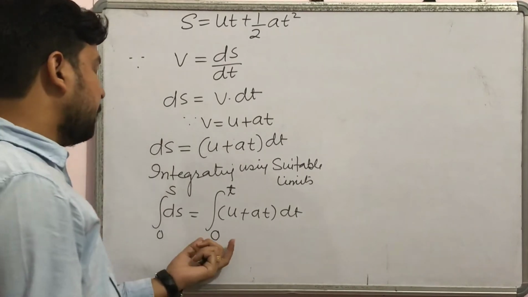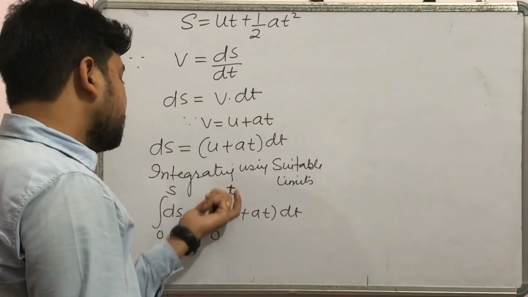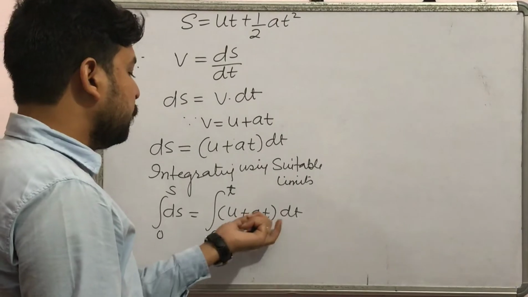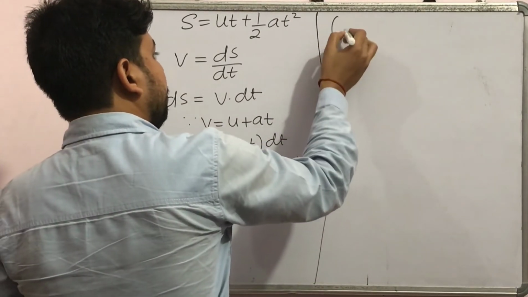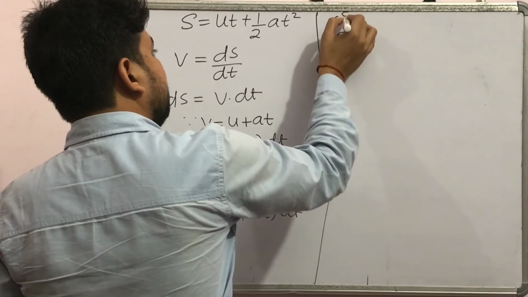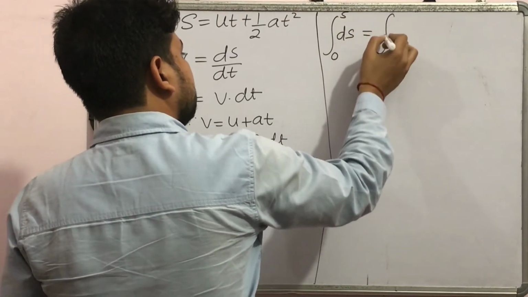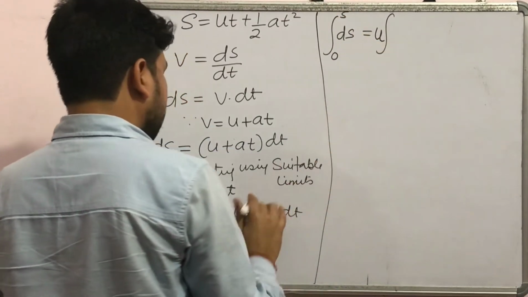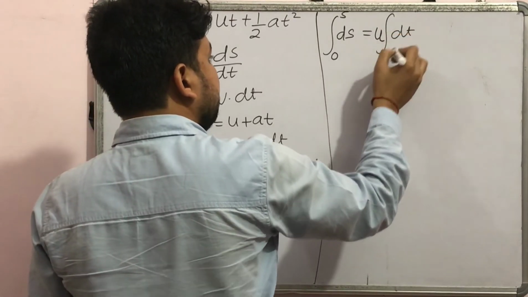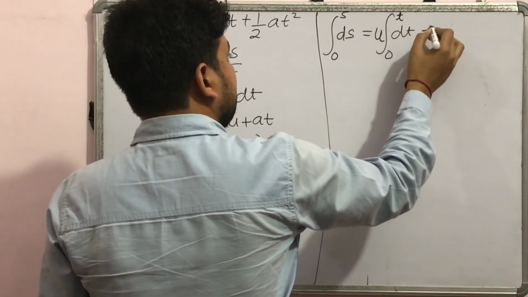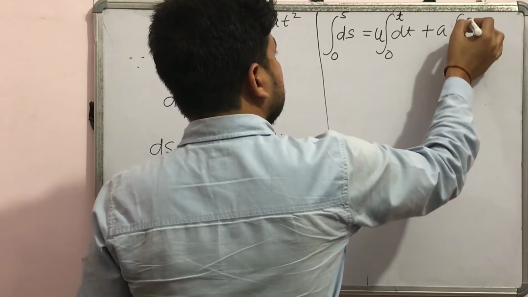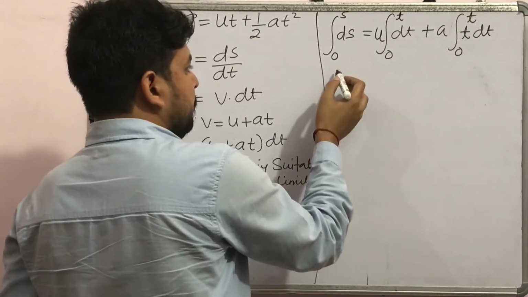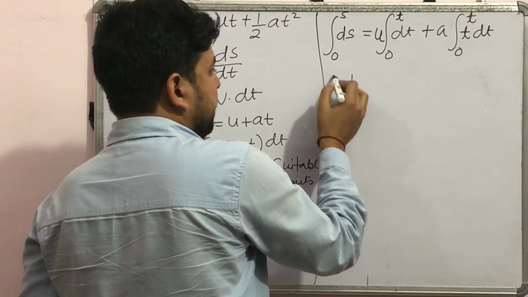Now we will distribute this integration over u and then over at. We'll get integration of ds equals integration u, that is constant, dt 0 to t plus a, that is constant, t dt 0 to t.